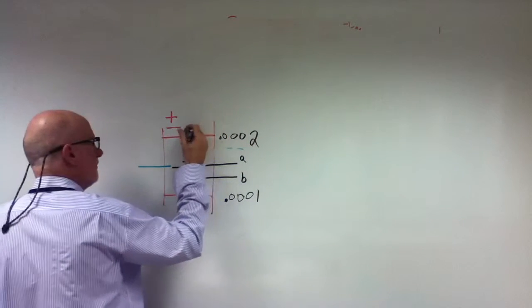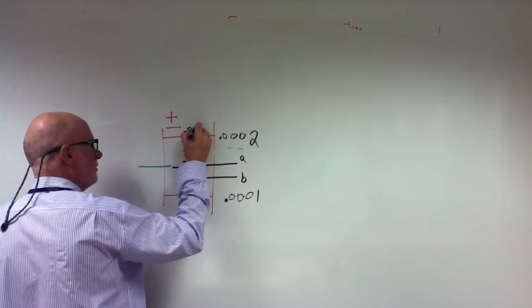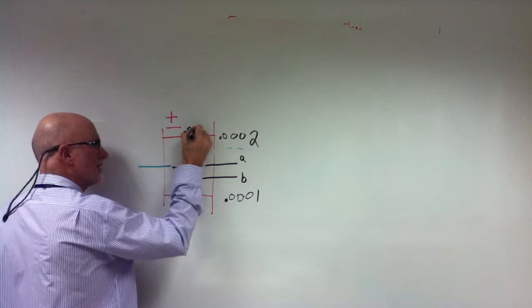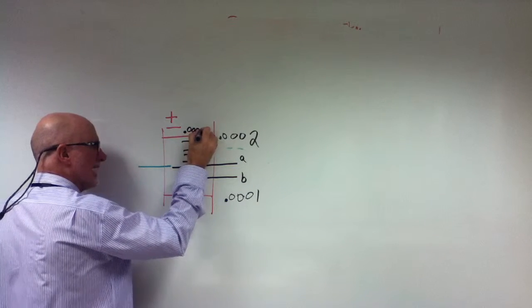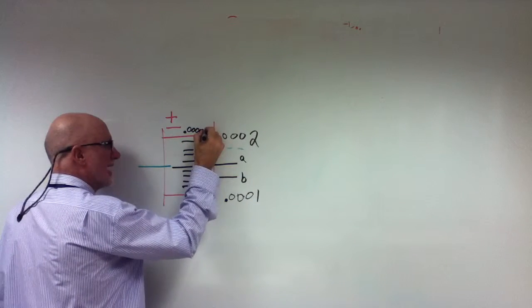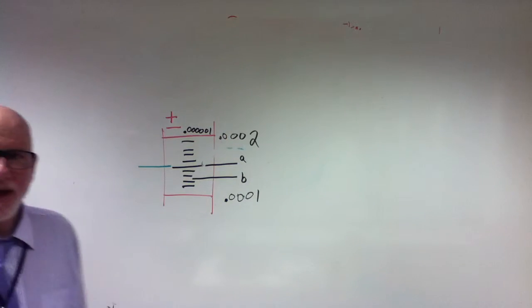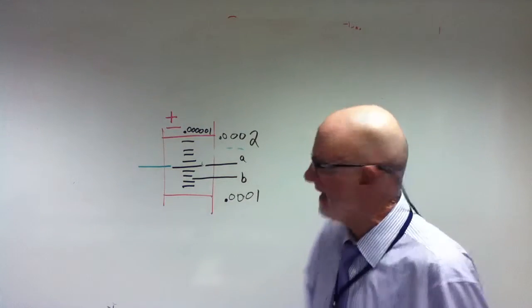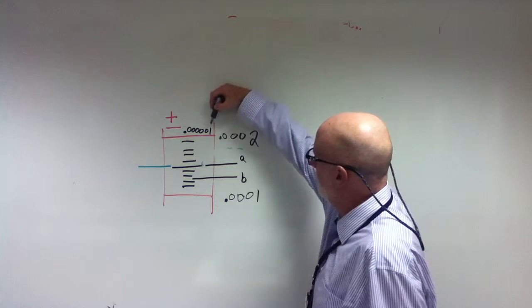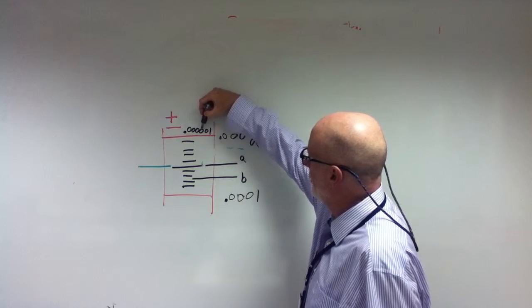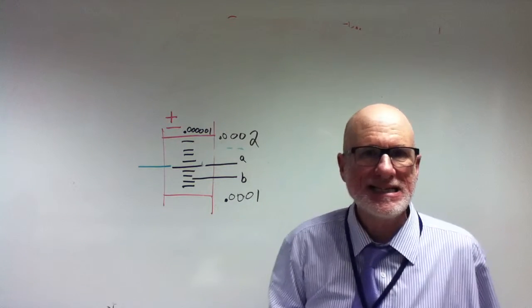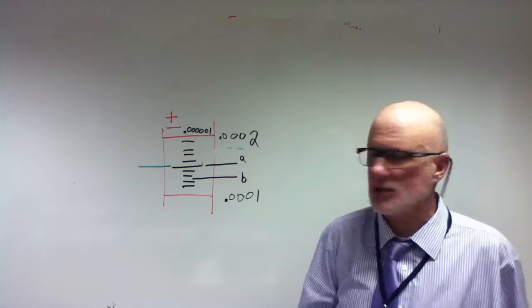So it's going to be 0, tenths, hundredths, thousandths, 10 thousandths, 100 thousandths, millionths. So all the measurements have to be to 1, 2, 3, 4, 5, 6 places after the decimal point.